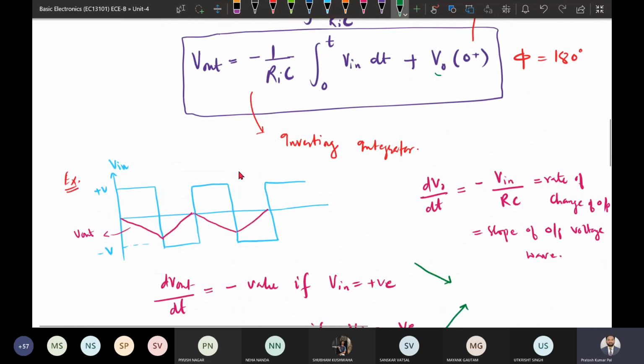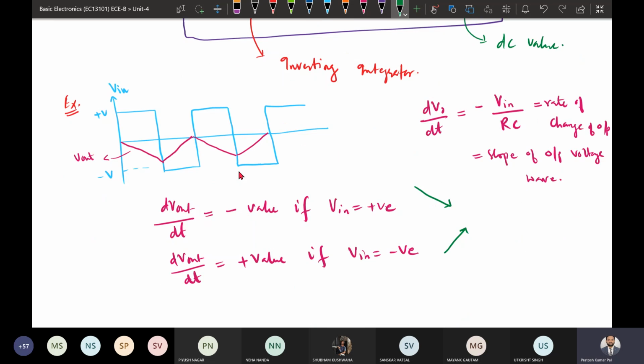It provides a DC level to the integrated output. This DC value will be either positive or negative. If it is positive, the similar output graph will be shifted upward by a DC value.